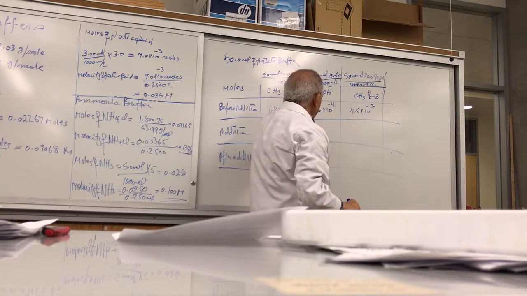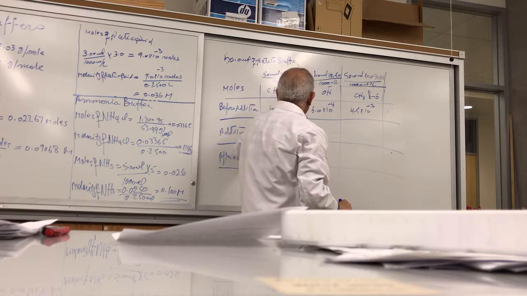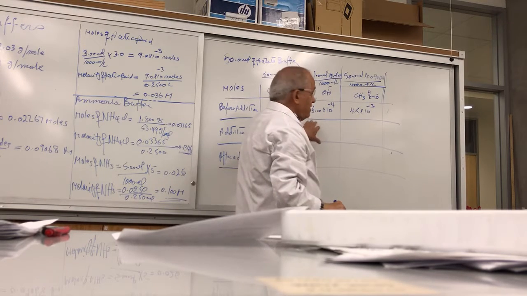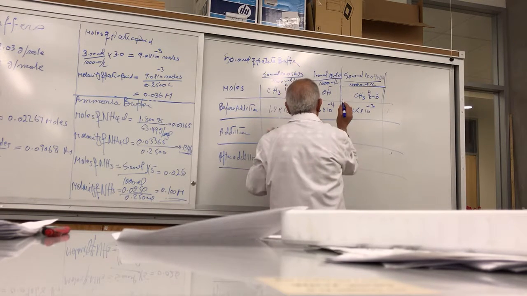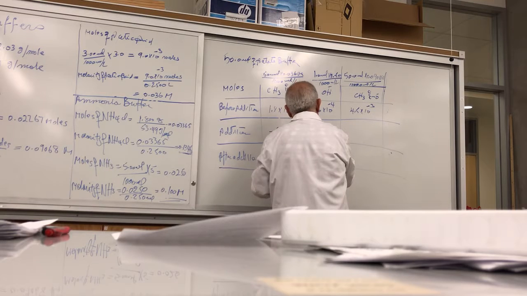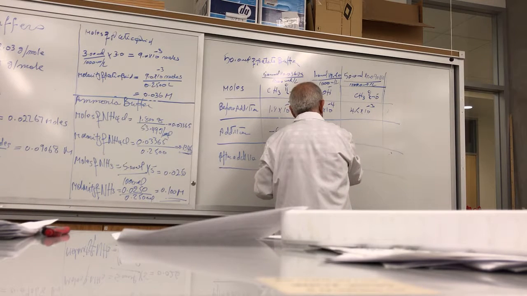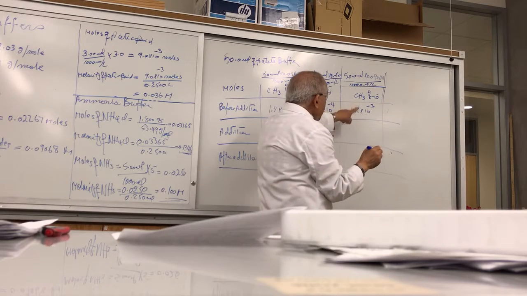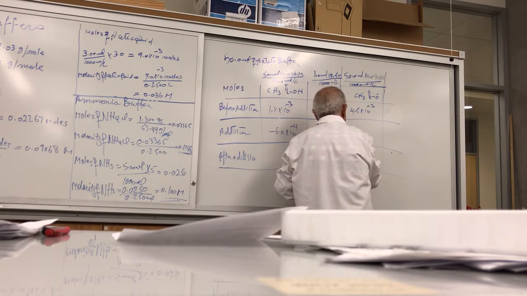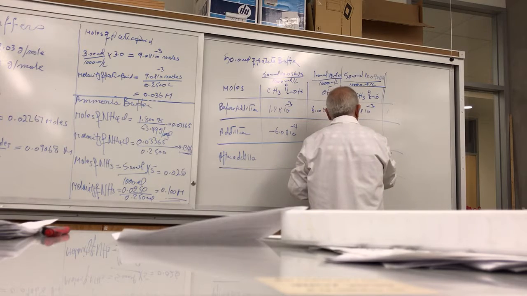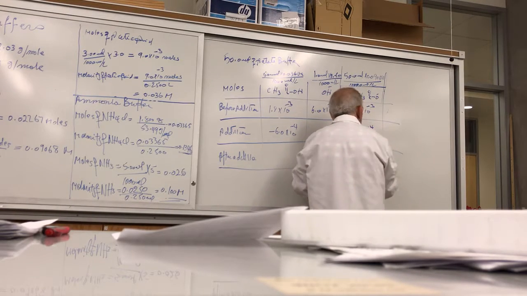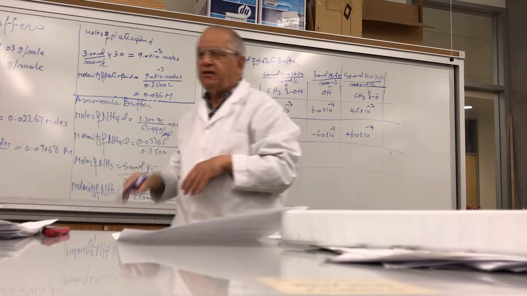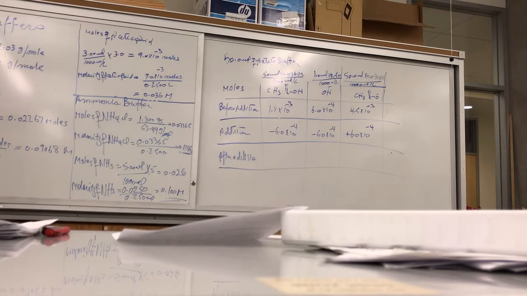We already added that much because we have more of the acid than what we got. This will be 0 here. The acid will be minus 6.0 times 10 to the minus 4, and now the acetate ion will be plus 6.0 times 10 to the power minus 4. If you get this clear, we are good. That's all you need to know, how these things come out.